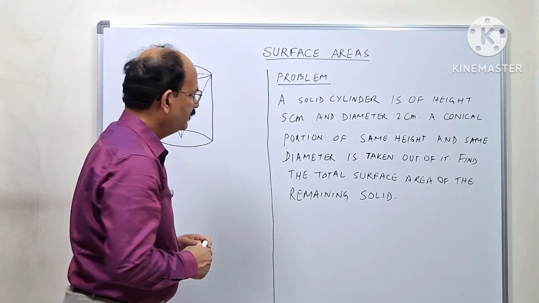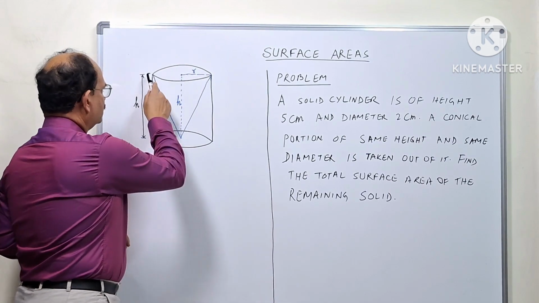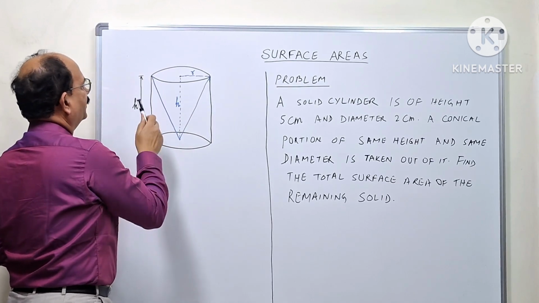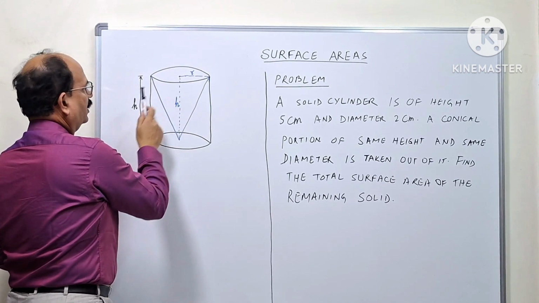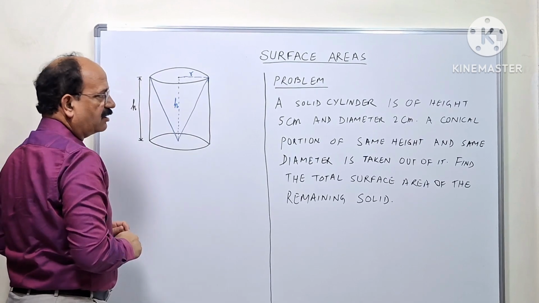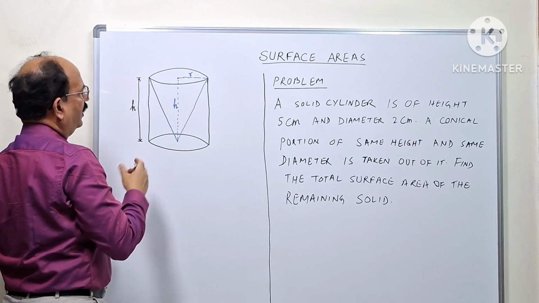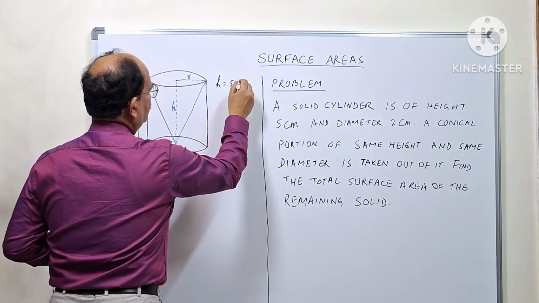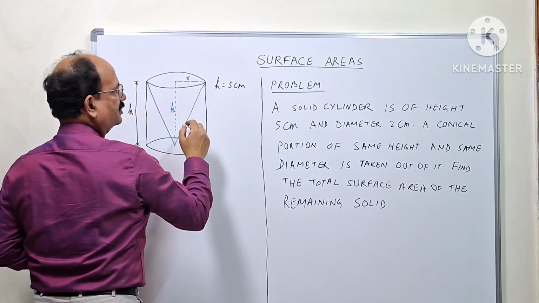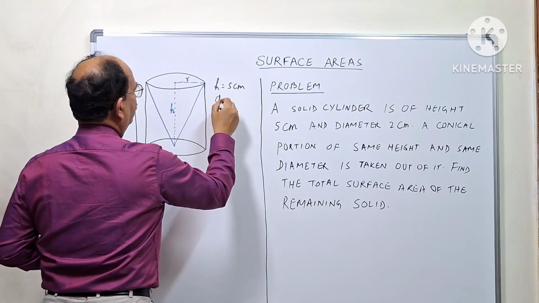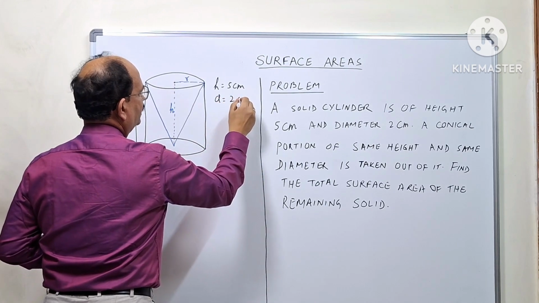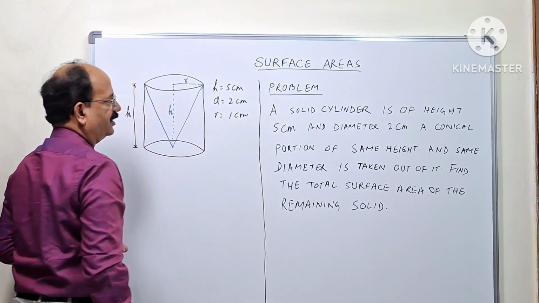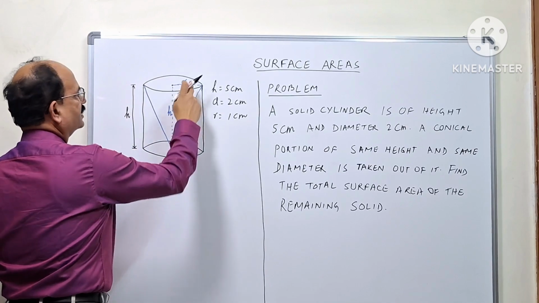So there is a cylindrical shaped solid object of height h and radius r, and the values of height and radius are given. The height is equal to 5 centimeter. The diameter is equal to 2 centimeter, and therefore the radius will be equal to 1 centimeter. So this is the solid cylinder.